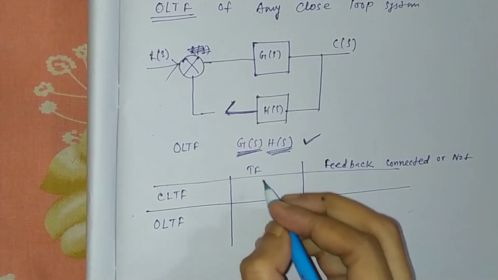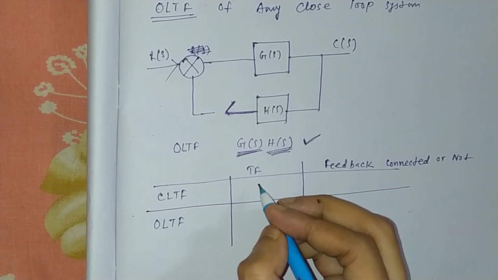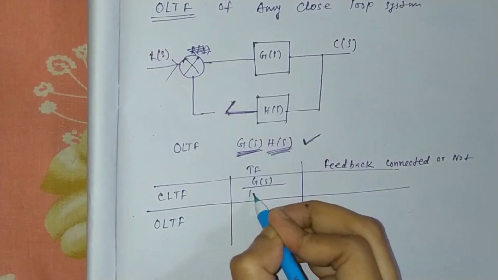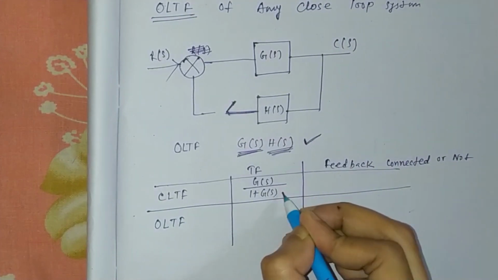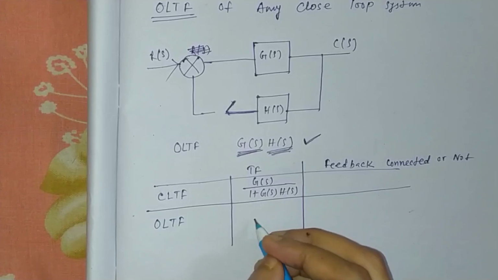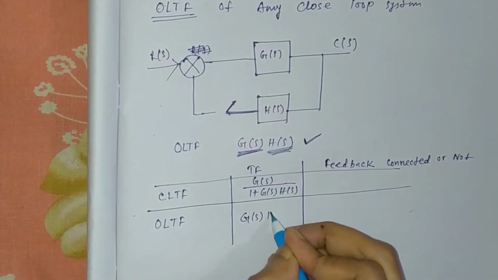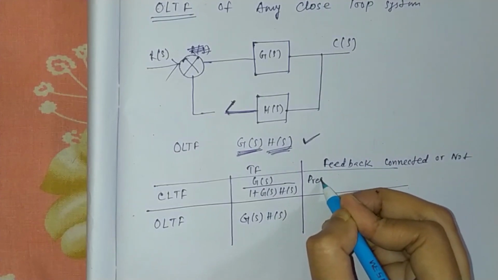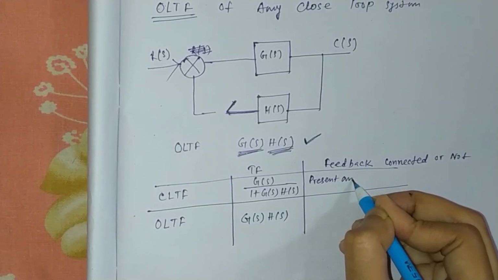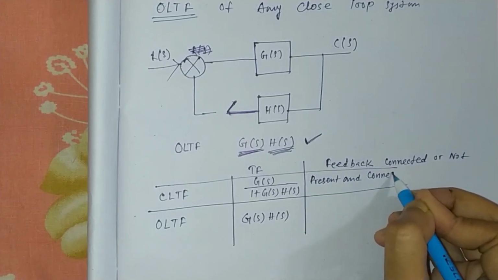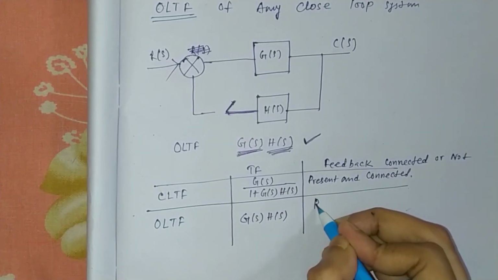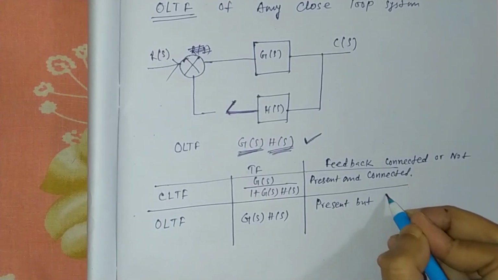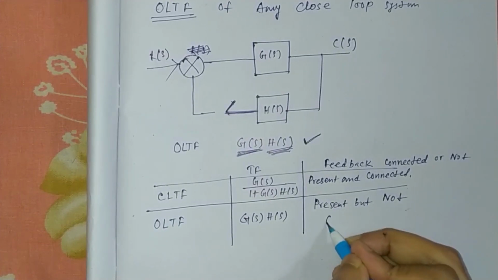The transfer function of CLTF is G(s) over 1 plus G(s)H(s). For OLTF it is G(s)H(s). Here feedback is present and connected. Here feedback is present but not connected.